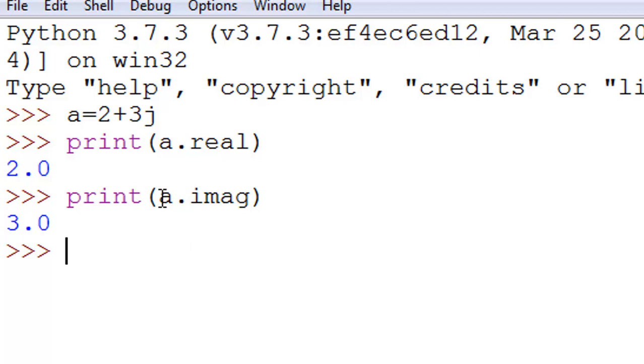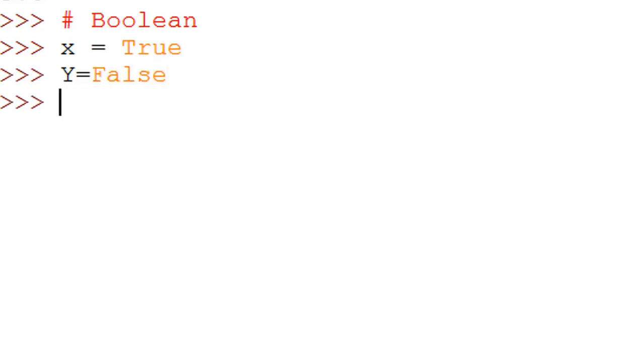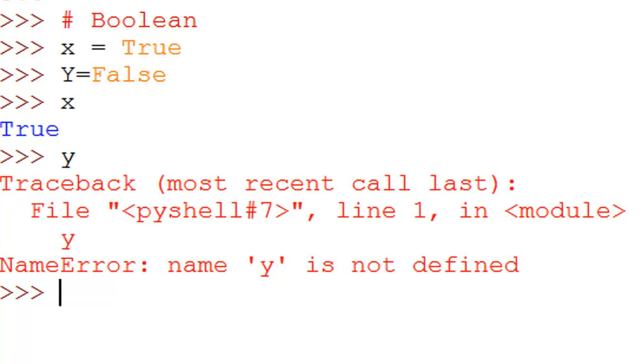Now the two other literals are Boolean and None. Let's discuss Boolean. Okay, Boolean has only two values. Let's say, for example, x is equal to True, and y is equal to False. So Boolean can contain only two values, True or False, for x or y, right? It should be a capital T and capital F, right? So you can see we have only two types of values, and the last one is a special literal called None.